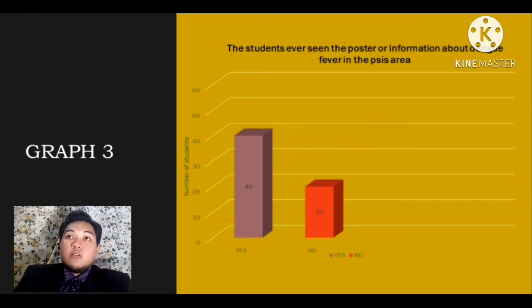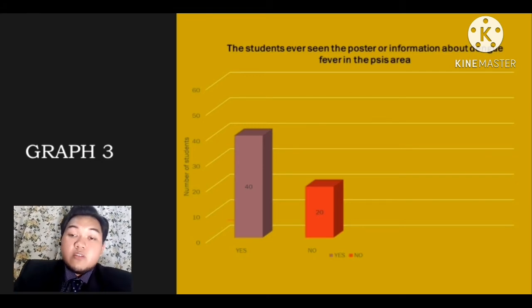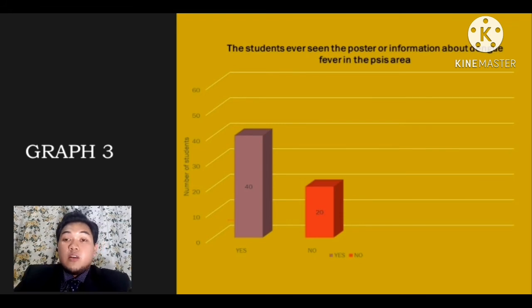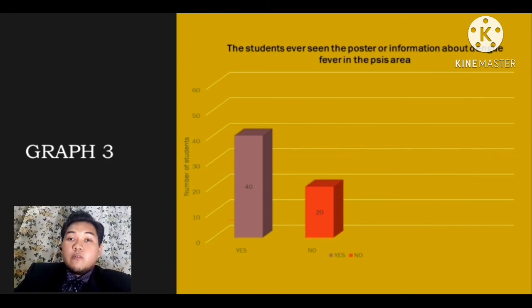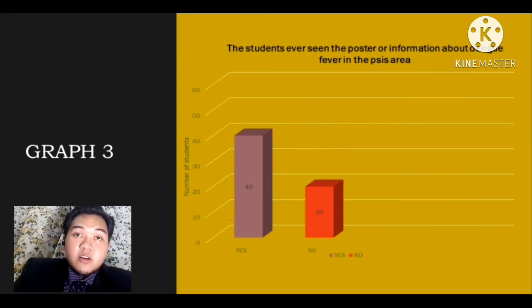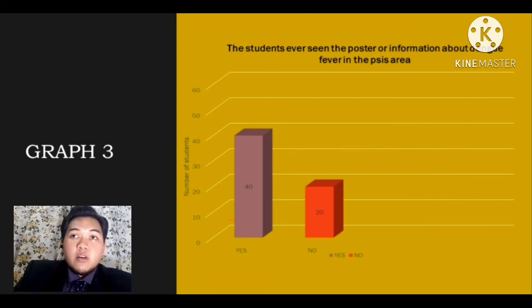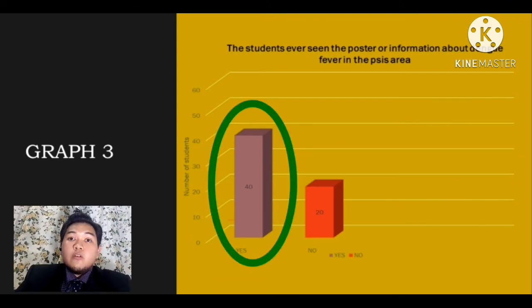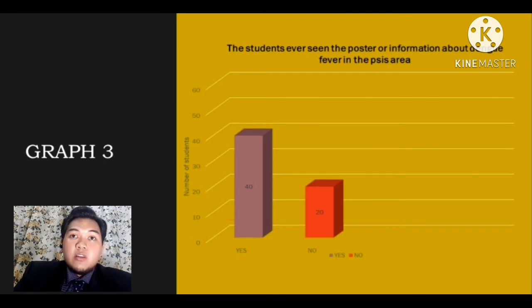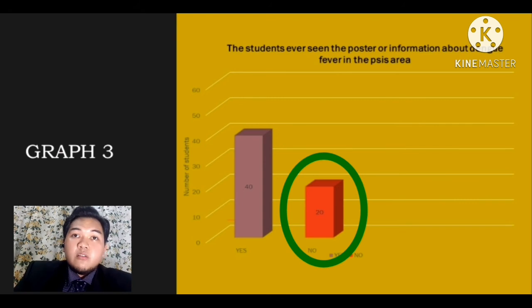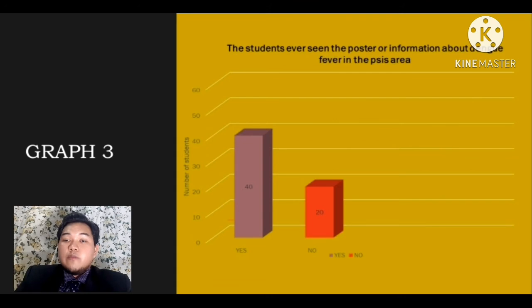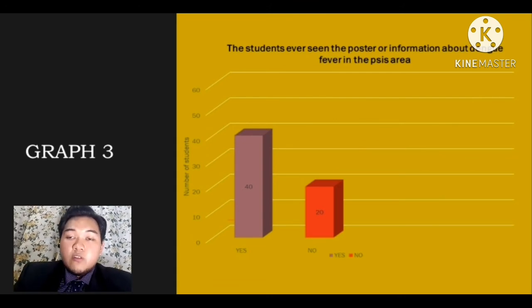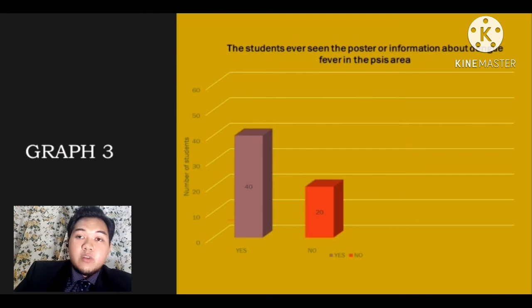Graph number 3 is about whether students have ever seen the poster for information about dengue fever in the Psis area. This survey shows the data we have collected from the students of Polytechnic Sultan Idris. It can be clearly seen that 40 students voted for yes. That means they have seen the poster or information about dengue fever, and only 20% voted for no. That means they have never seen the poster or information about dengue fever in the Psis area.